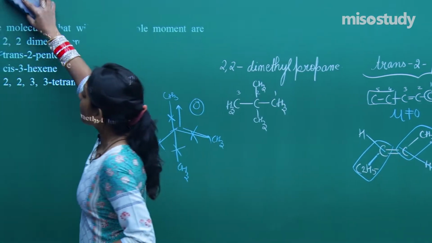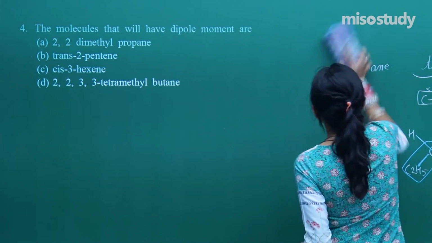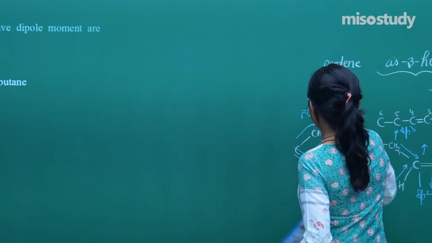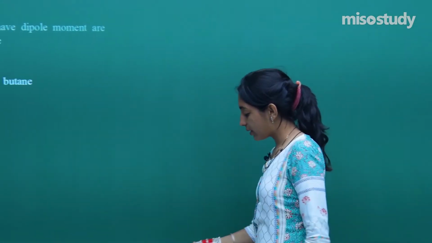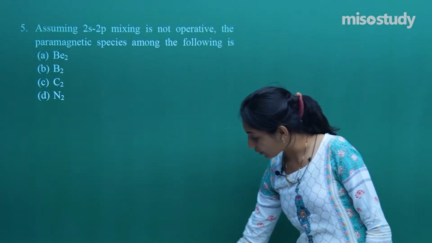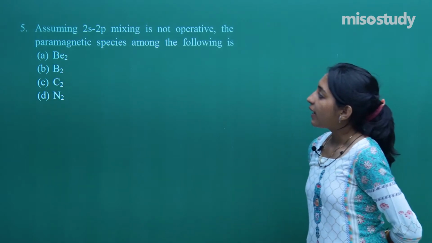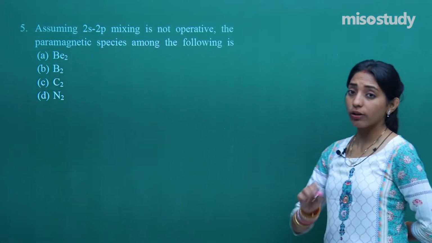Fine. So having done with the 4th question, now let me come on to the 5th question. So what's the 5th question? Let's see. Now the 5th question that is given to me is assuming the 2s 2p mixing is not operative.